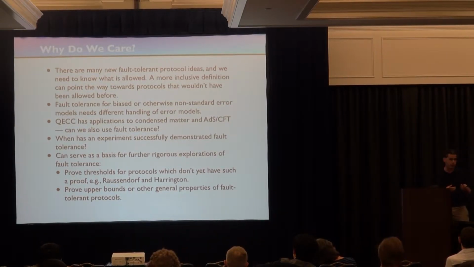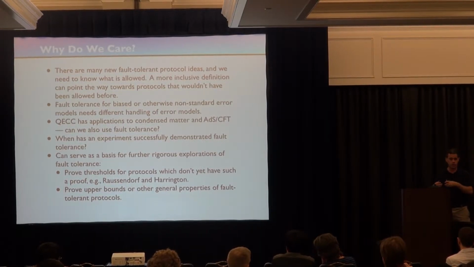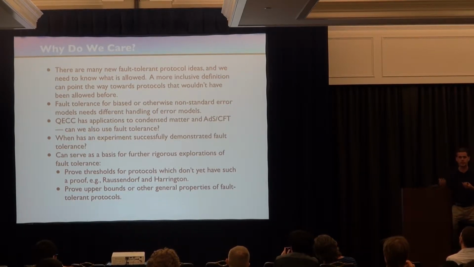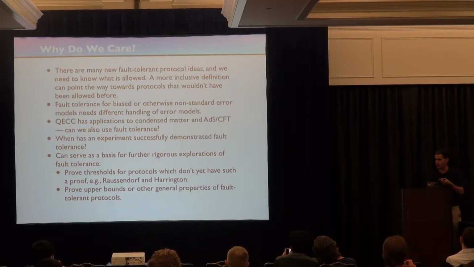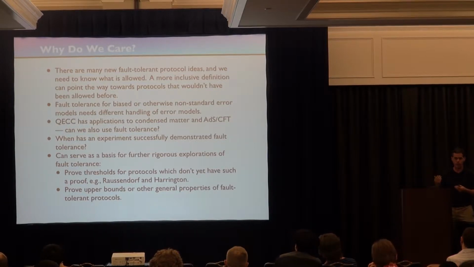I mean, if the states are quantum error correcting codes, then maybe it makes sense to say that the dynamics of a holographic system should be fault tolerant operations in some sense. But what does it mean in some sense? Well, we have to know what fault tolerance means in this context. The error model is a bit different from what we normally deal with, and the whole framework is a bit different. And so we need a definition of fault tolerance that applies in that situation.